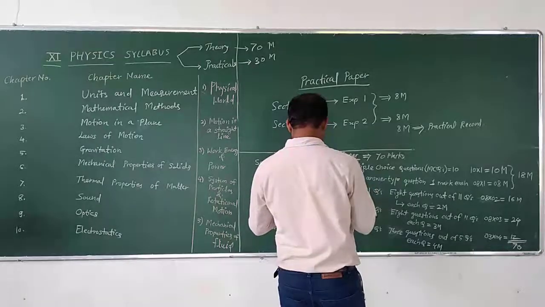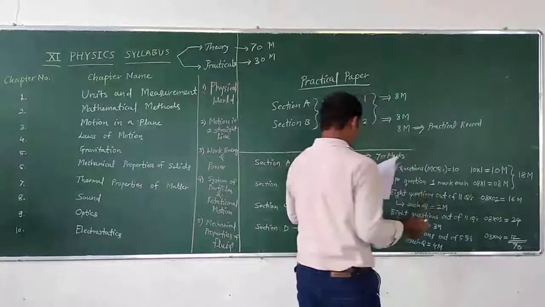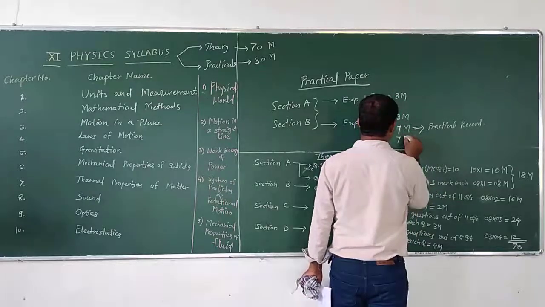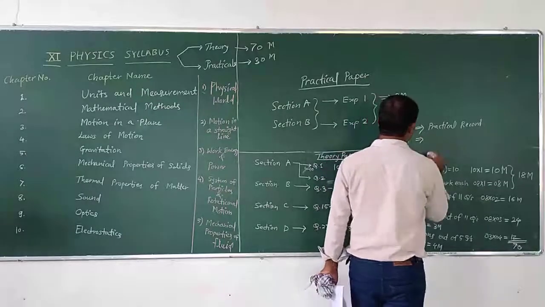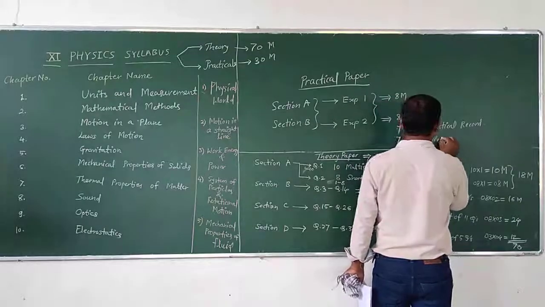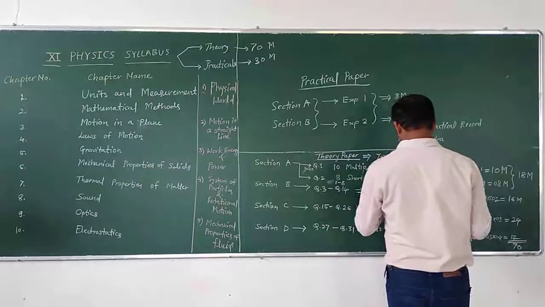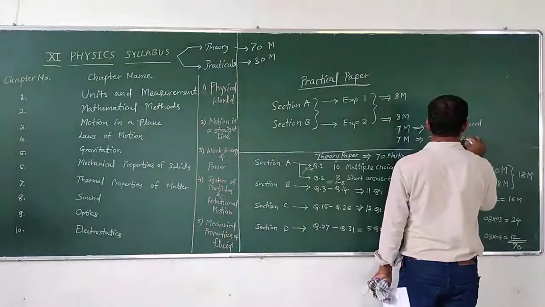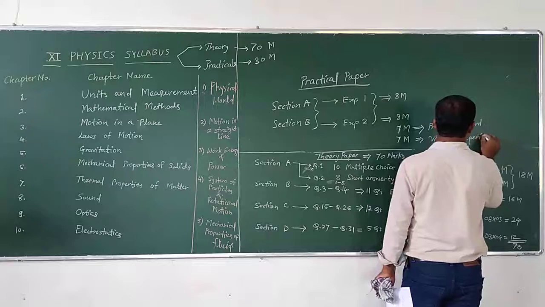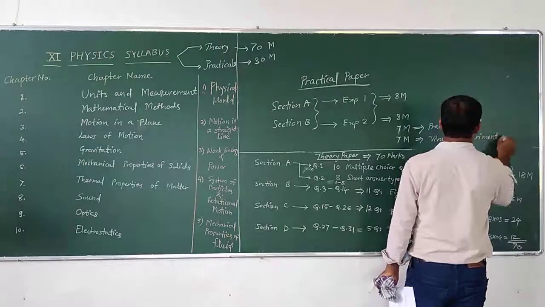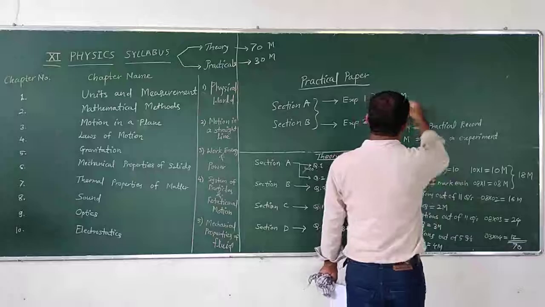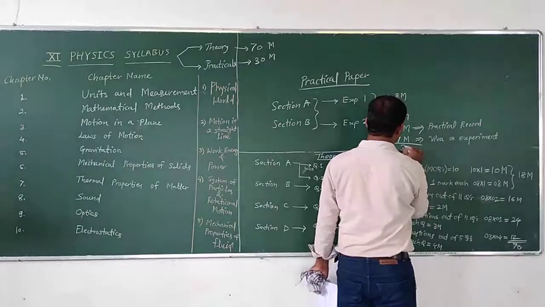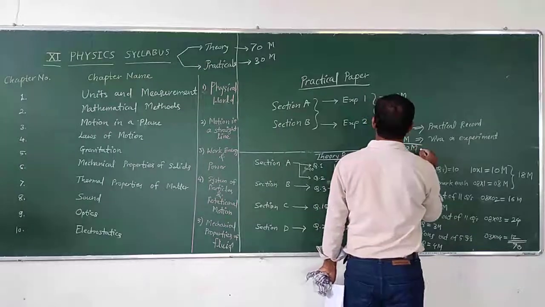Then for practical record 7 marks, and for Viva 7 marks. So for Viva on your performed experiment. So how much? This is 30 marks.